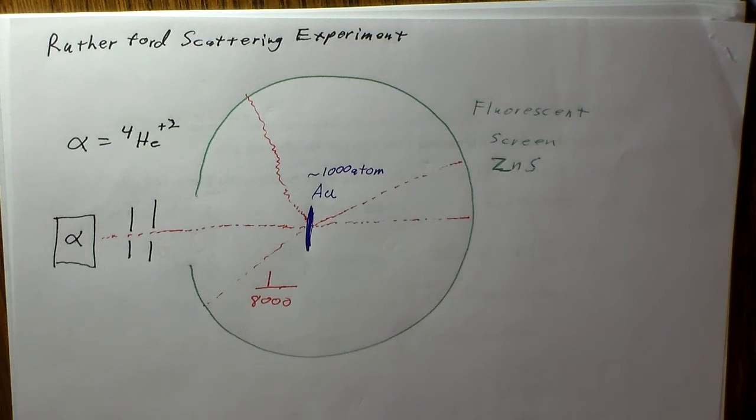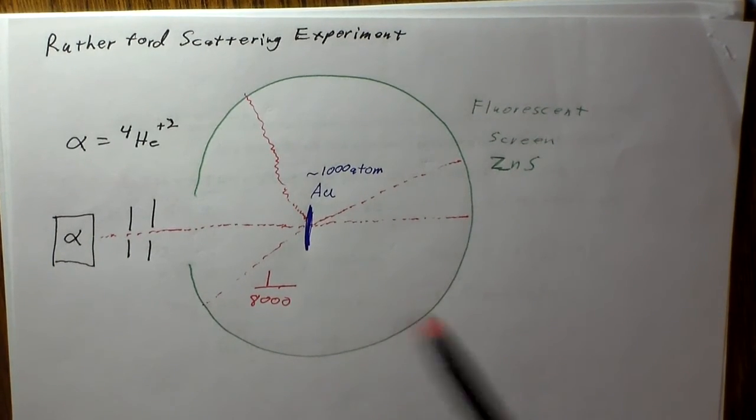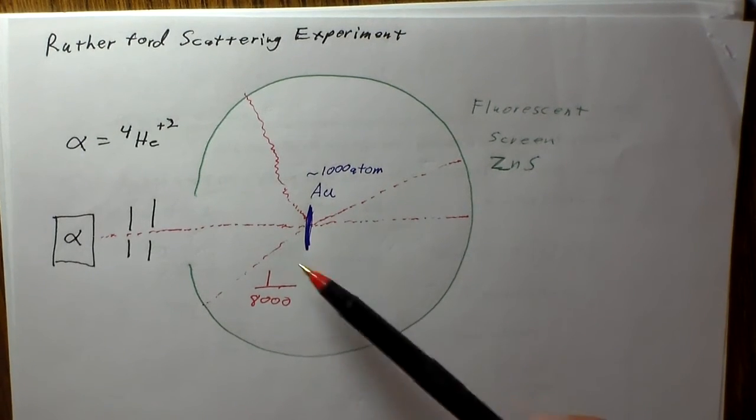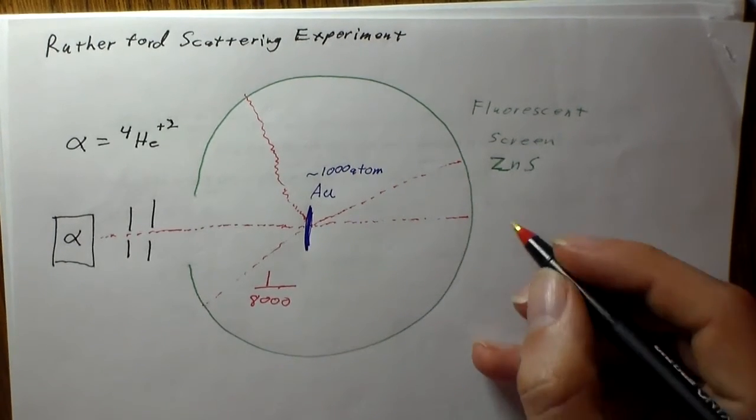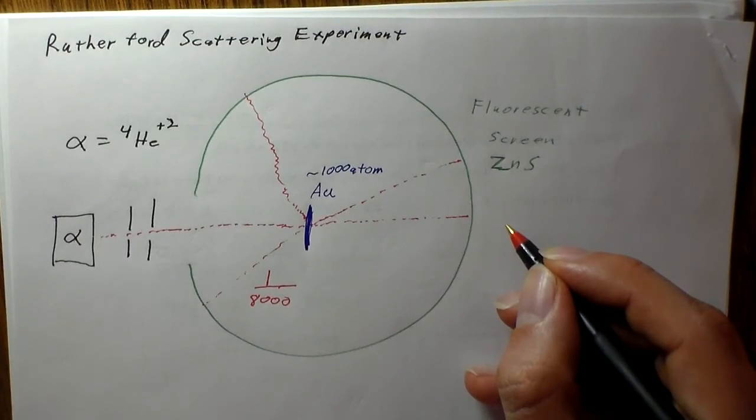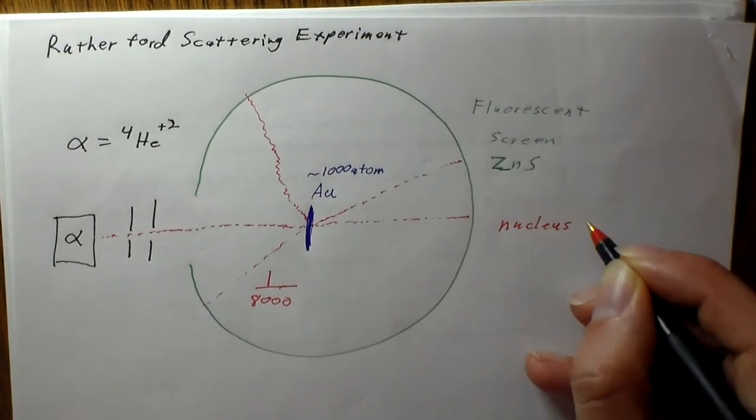So it's a very small amount that actually were deflected by this amount here. And from this, Rutherford was able to figure out how the gold atom was actually put together: it wasn't just a continuous distribution of charge, but it actually has a heavy, dense nucleus. So that was his big discovery here, that the nucleus is heavy and dense.